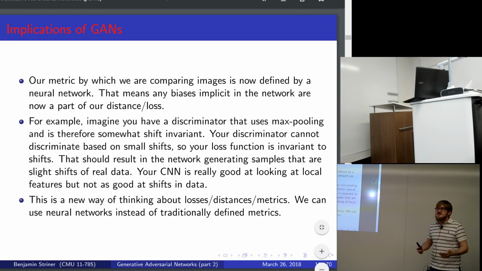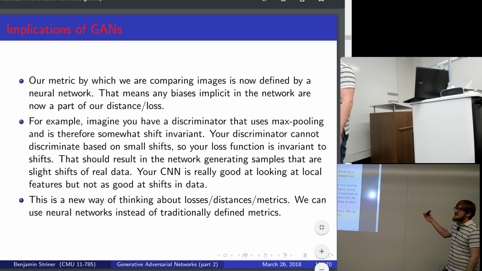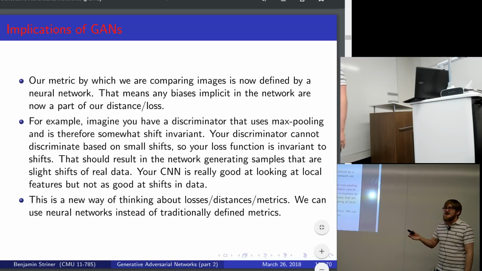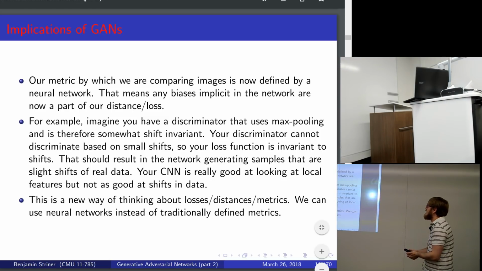When you say an image is similar to another image, you're not saying that the mean values are the same. You're not saying the pixels align correctly. You're saying the content of this image is similar to the content of this image. How do we represent content these days? Through a neural network. So if you want something that tells you if two images are similar, you should be looking at a neural network's outputs, not just L1 or something simple like that.